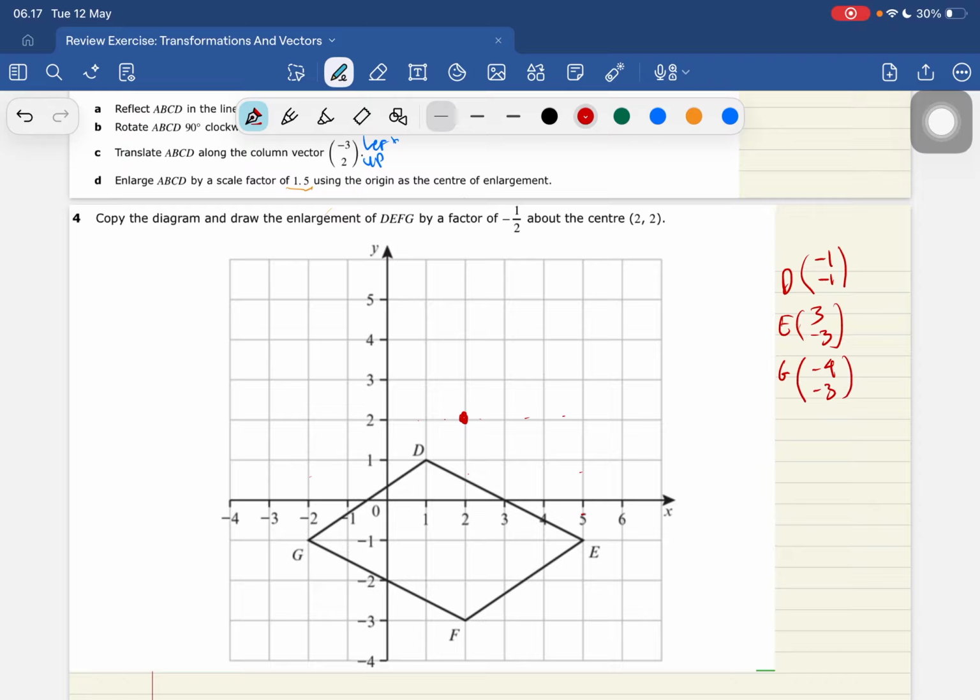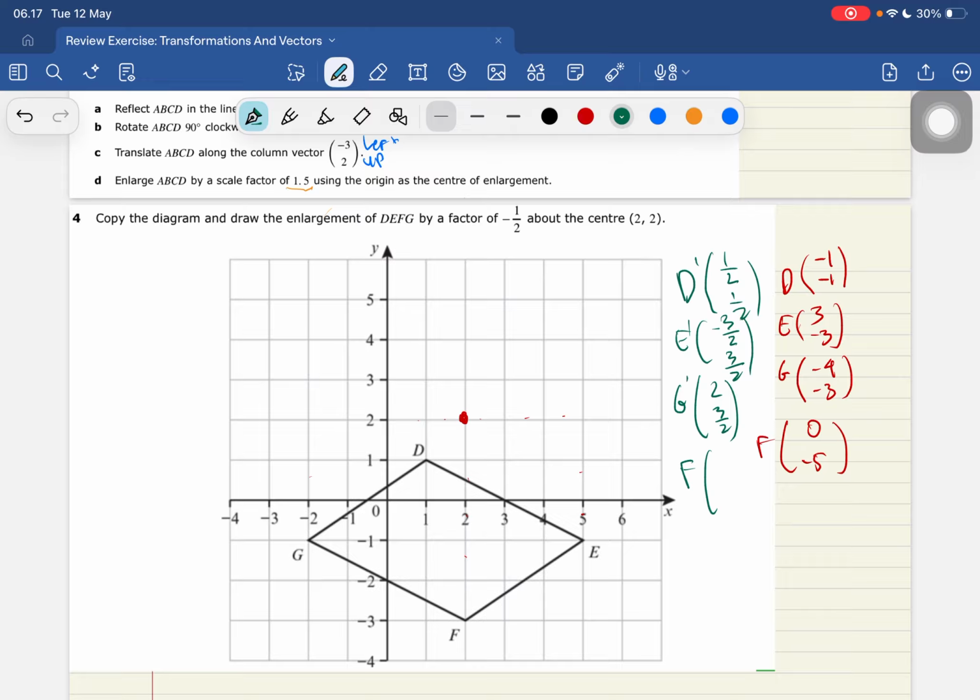F: only down 5, so F is 0 and negative 5. So the scale factor is negative 1/2. D multiplied by negative 1/2 is going to be a half and a half. E is going to be negative 3/2 and 3/2. G is going to be 2 and 3/2. F is 0 and 5/2.